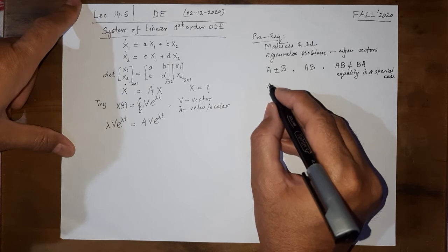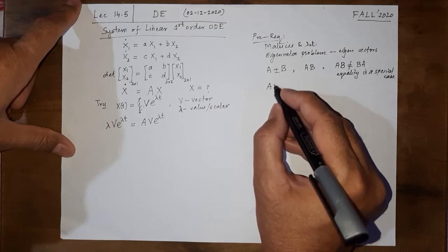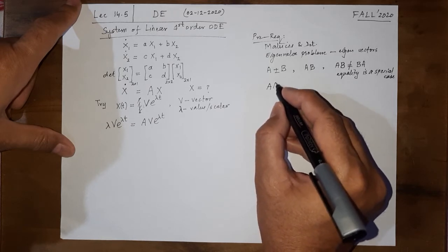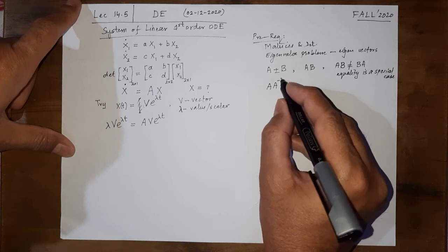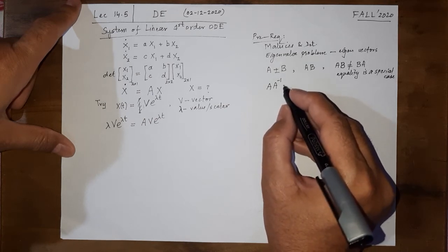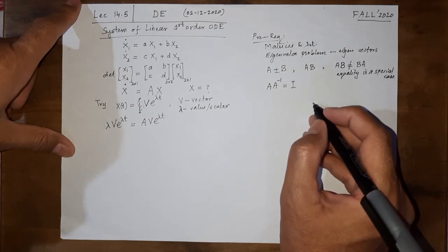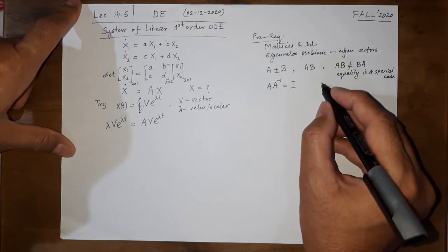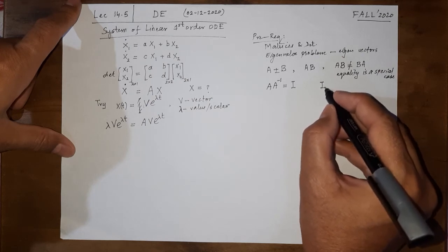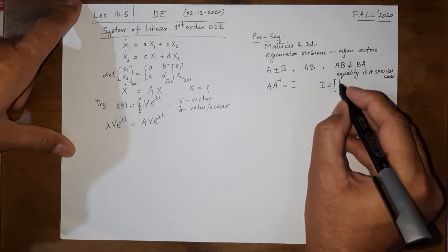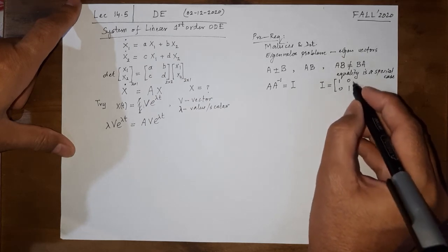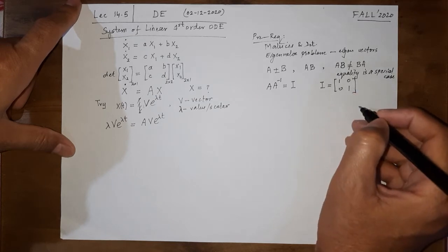So if we have a matrix A and a matrix A inverse such that their product gives us the identity matrix, where for a 2 by 2 matrix the identity matrix is just a matrix with diagonal elements being 1.